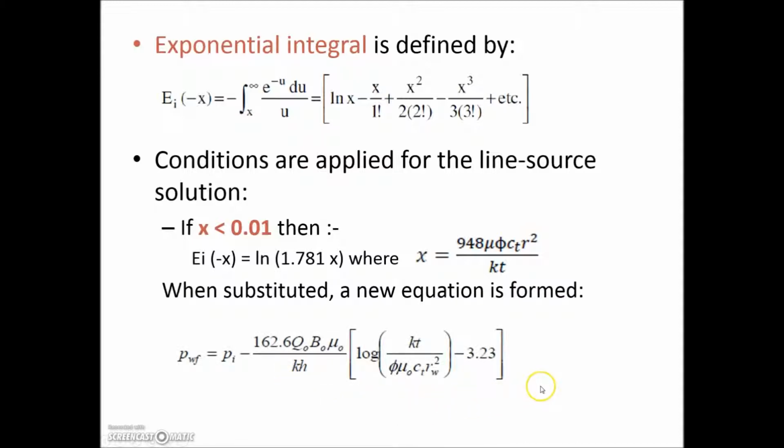This new equation can also be used to find the bottom hole flowing pressure. But the formula is not applicable if t is less than 9.8 times 10 to the power of 4, porosity, viscosity, total compressibility, r squared over permeability.